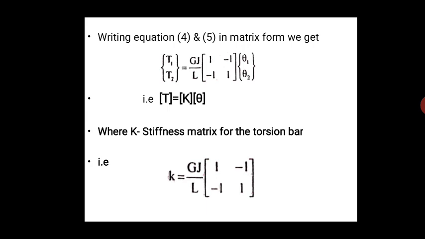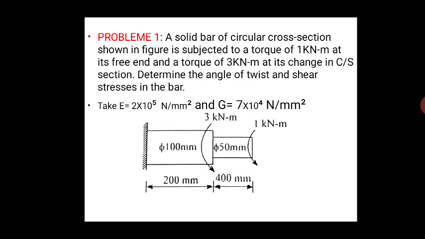Now let us look into problem 1. Here we have a stepped shaft, a solid bar of circular cross section shown in the figure, subjected to a torque of 1 kilonewton meter at its free end and a torque of 3 kilonewton meter at its change in cross section.